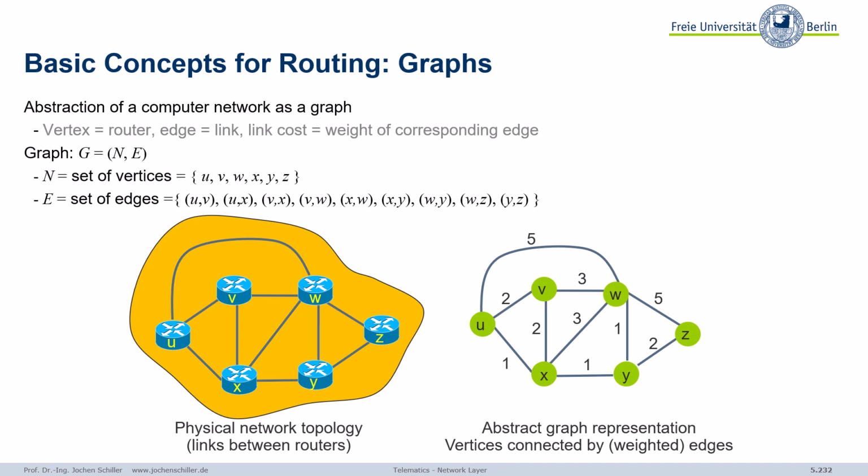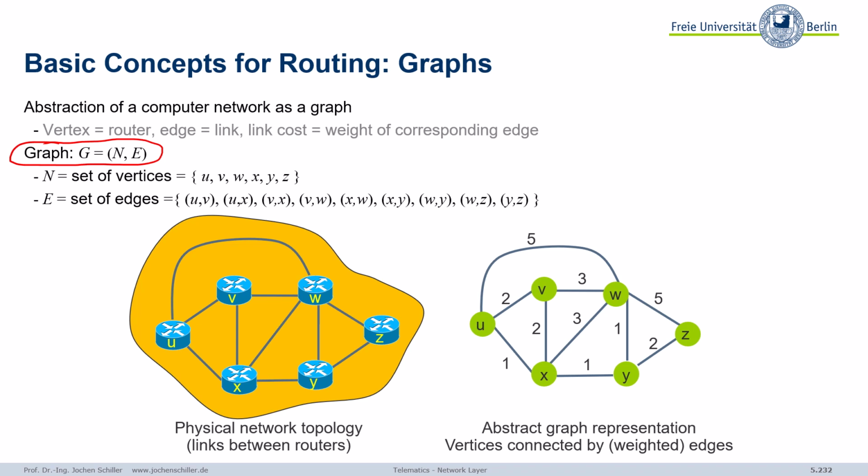So these are our edges, and the edges may have a certain weight. In the end, what we have is a graph G consisting of nodes, our vertices U, V, W, X, Y, Z, and a set of edges, the connections in between. Typically, we assign a certain weight to the edges.